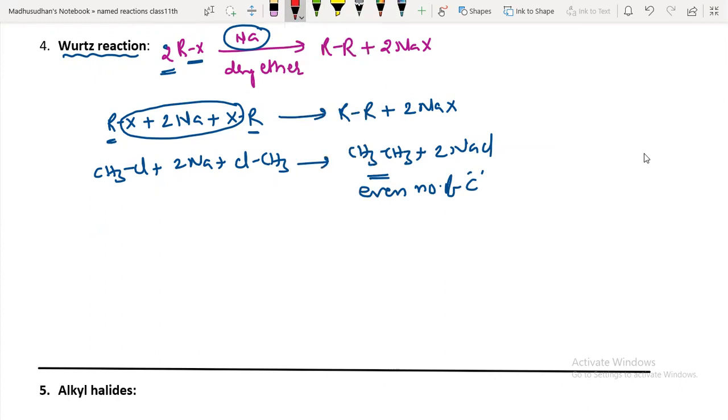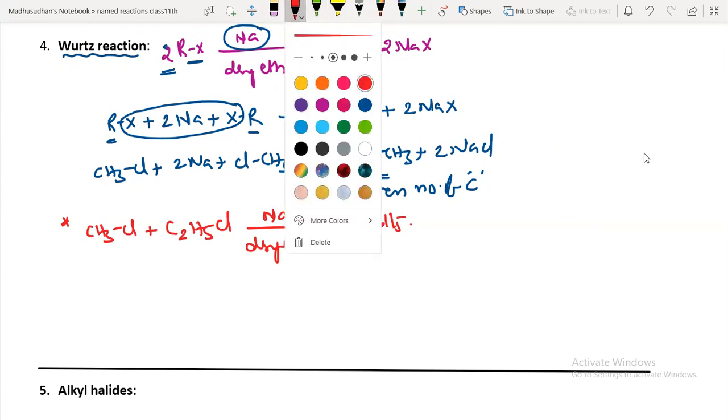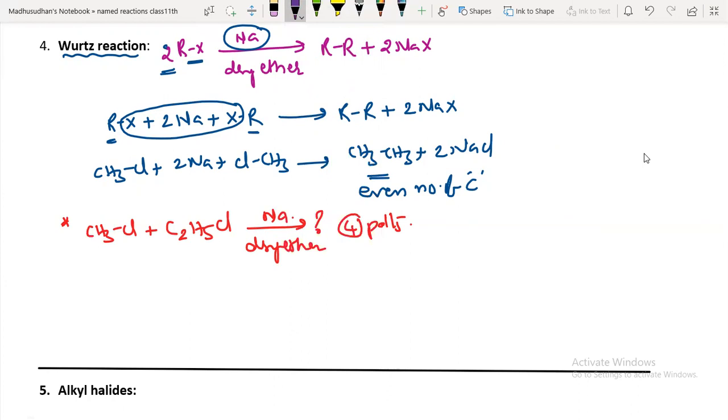So here is the question, an important one. When two different alkyl halides, CH3Cl and C2H5 halide, react with sodium in the presence of dry ether, how many different products are possible? You can expect 4 different products, guys. So what are the 4 different products I am writing here? If the first one alone is involved in the Wurtz reaction, what is the product you can guess?